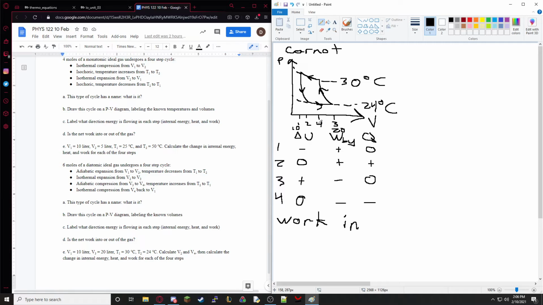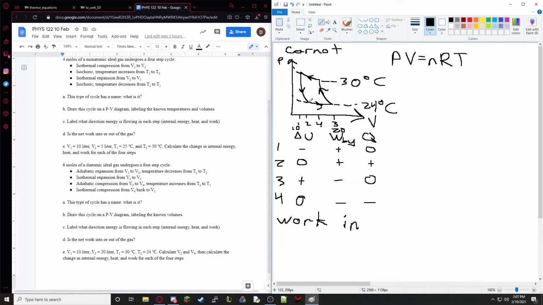Temperature's constant, exactly. So how can we relate our pressure, our volume, and our temperature? For example, using the ideal gas law. Yep, ideal gas law. So we have PV equals nRT.